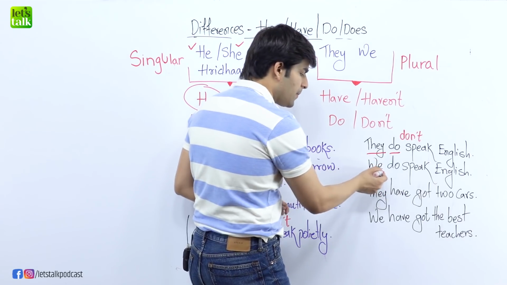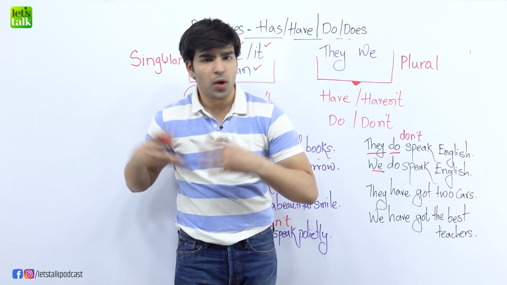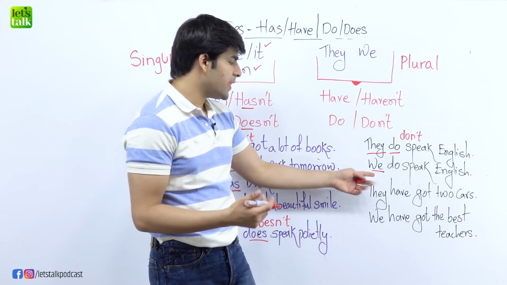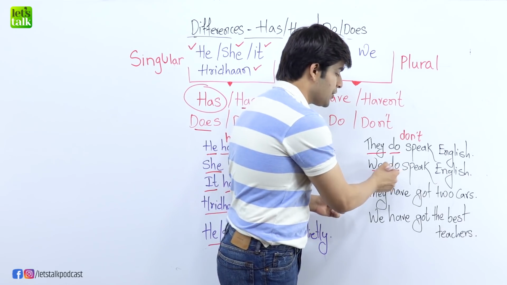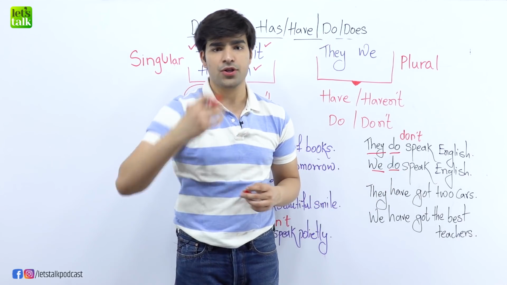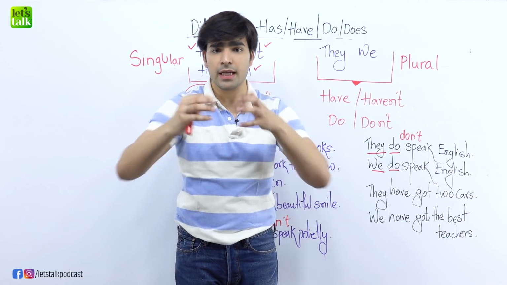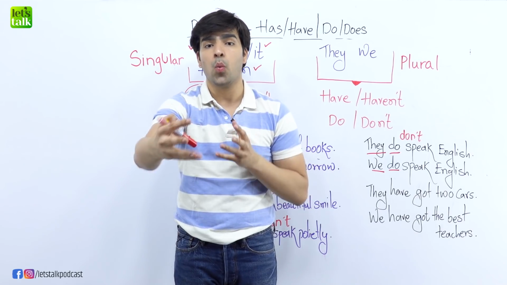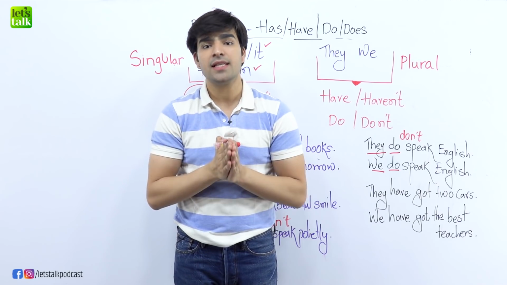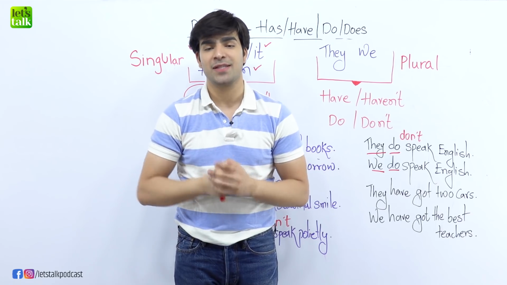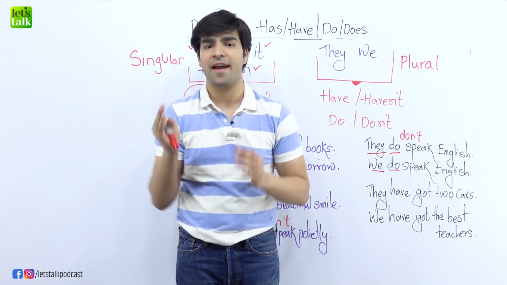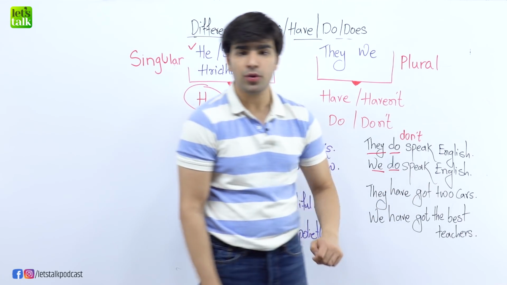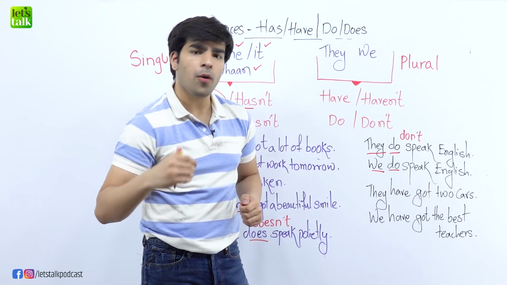Next one, we, again talks about possibly a team or a group of people standing together. Together, basically, we do speak English. For example, let's talk about you and I. You speak English, I speak English. But when we come together, you and I becomes we. We speak good English, or at least we try to speak good English every day. Next one is they have got 2 cars. They, singular or plural?